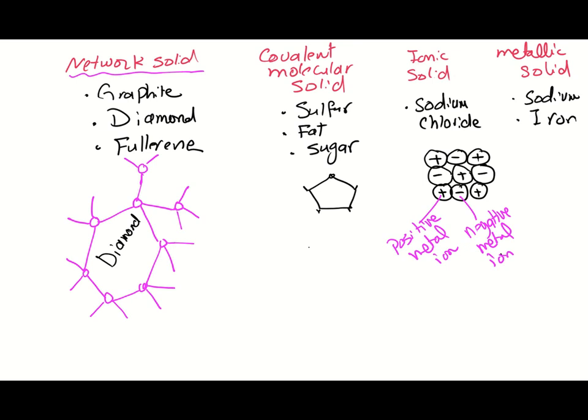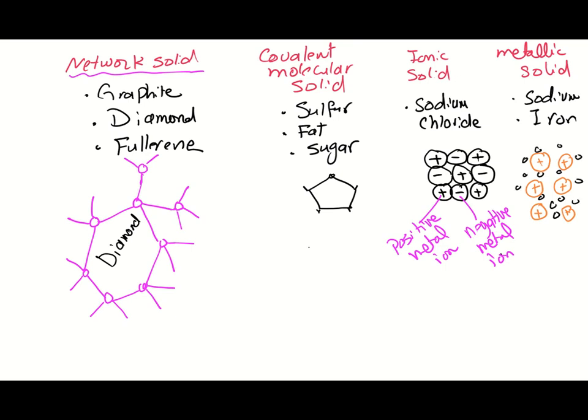Metallic solid, here you need to explain the metallic bond formation. Metallic bond is formed when each atom of the metal loses its valence electron, so the electrons will be between and around the positive metal ions. So it seems that you have a sea of delocalized electrons around the positive metal ions.